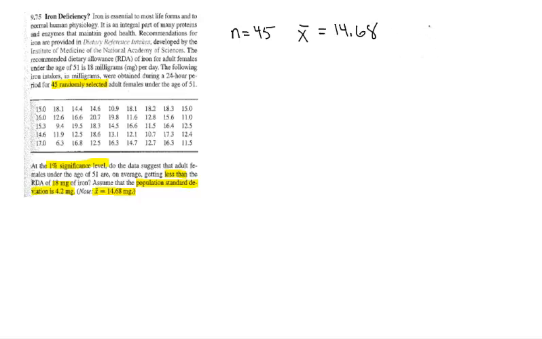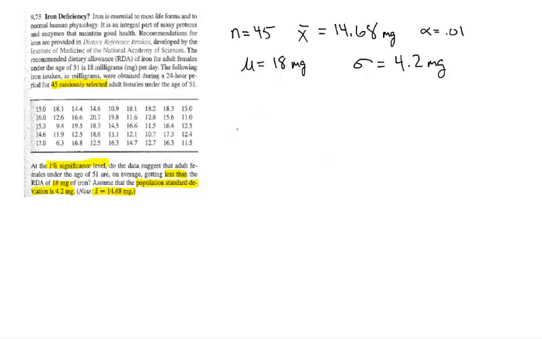Our significance level is equal to 0.01. Mu is equal to 18 milligrams. And then we're also going to need our sigma, our standard deviation, which was 4.2 milligrams. And now we want to work through our 5-step process.